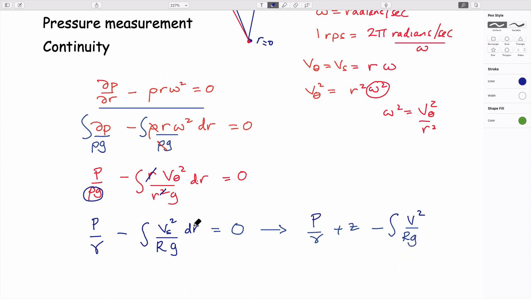We'll realize that this term has to be equal to constant because we integrated this. Since we integrated it, this actually should be constant, right? Because you could either integrate it between an upper and a lower limit, or you could just integrate it, in which case it becomes a constant that you don't know.